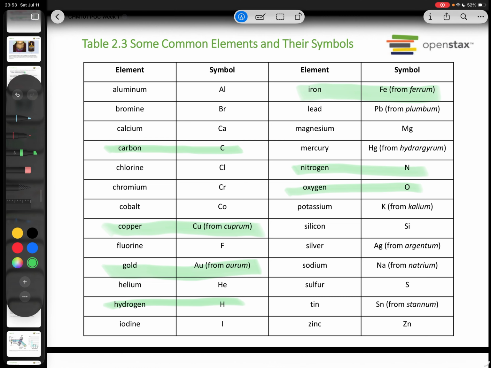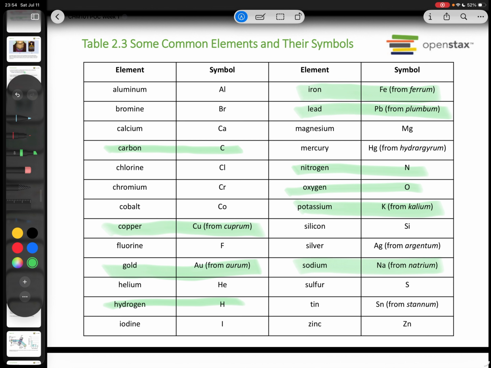Okay. Sodium, natrium yung pangalan niya dati. So, potassium, kaya siya K is kalium, yan. Yan yung mga historical.